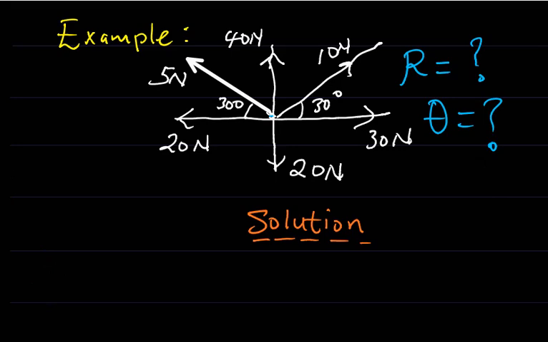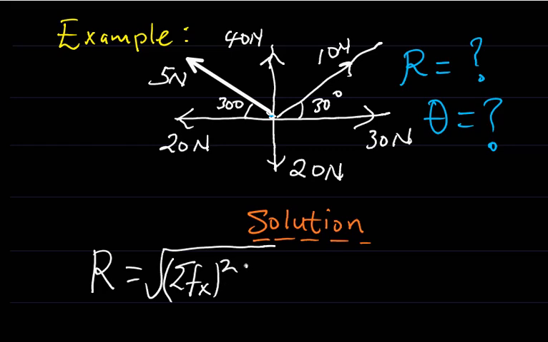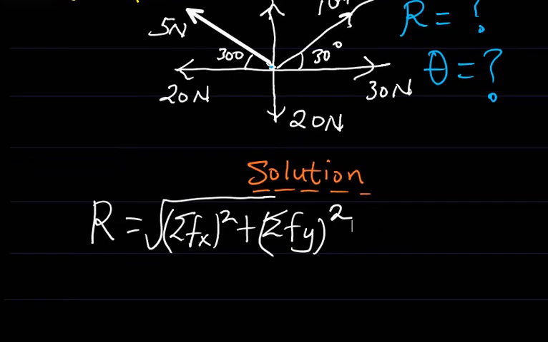To solve that, we're going to apply the formula. The resultant is going to be the square root of the sum of the horizontal forces all squared plus the sum of the vertical forces all squared.